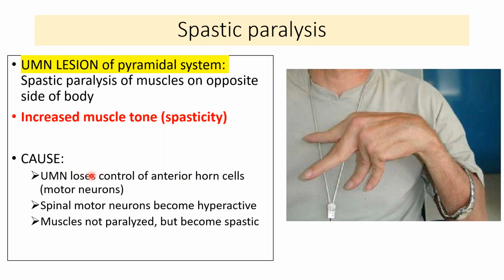Upper motor neurons normally inhibit and control the anterior horn cells. So this control is lost, the spinal motor neurons become hyperactive, and this leads to spastic paralysis of the muscle.